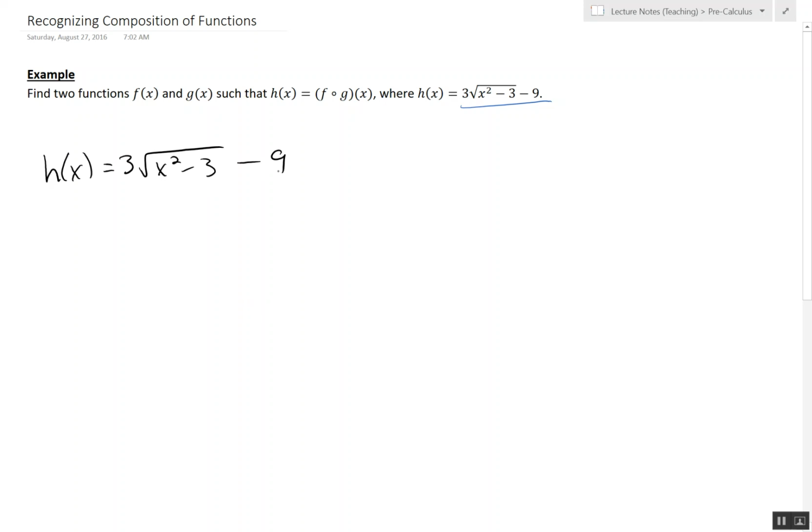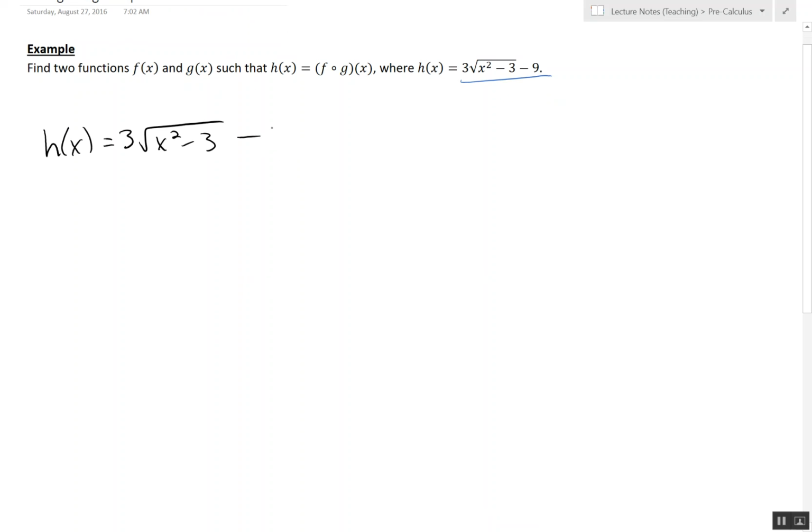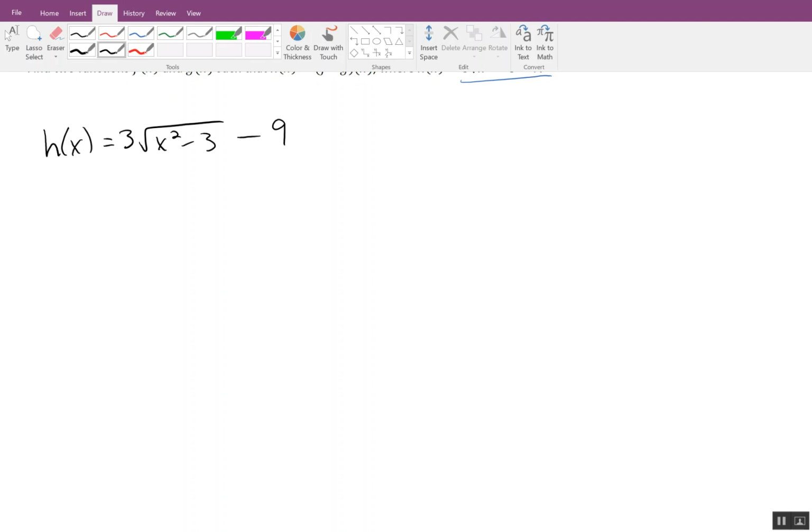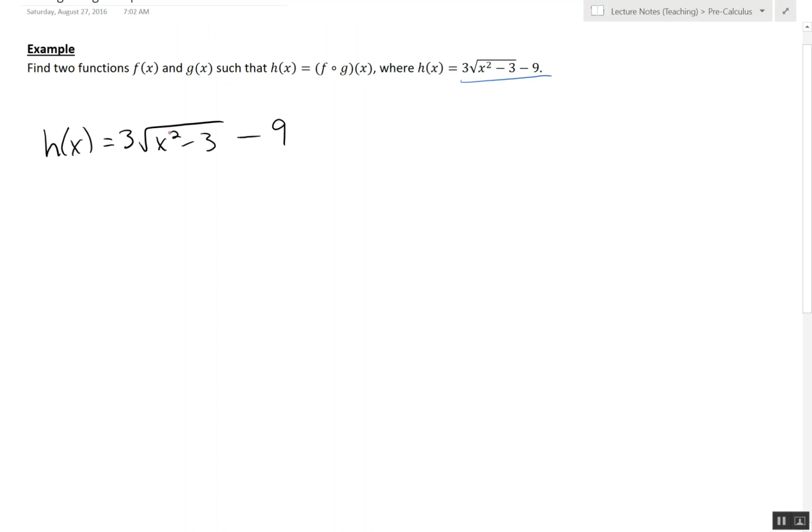And the idea here is you want to find an expression in x in here that you can replace with a single variable x. What I want to pick first here is this expression under the square root, the x squared minus 3. And so I want to create a new function that's almost identical to h of x, but it's going to replace the x squared minus 3 with an x.